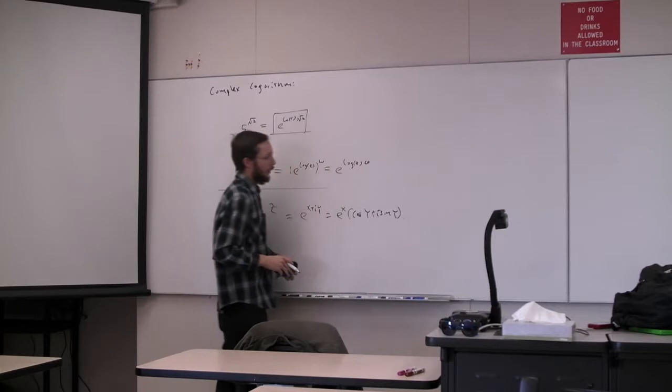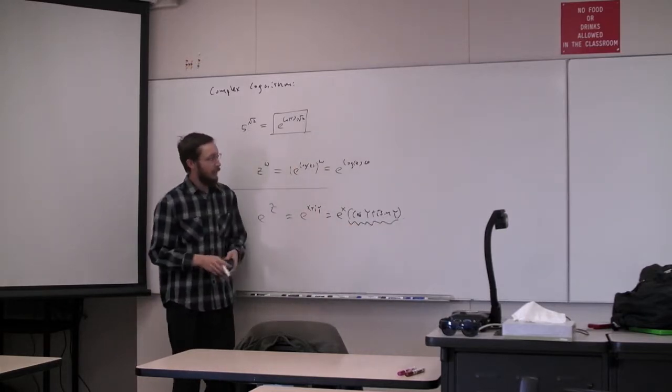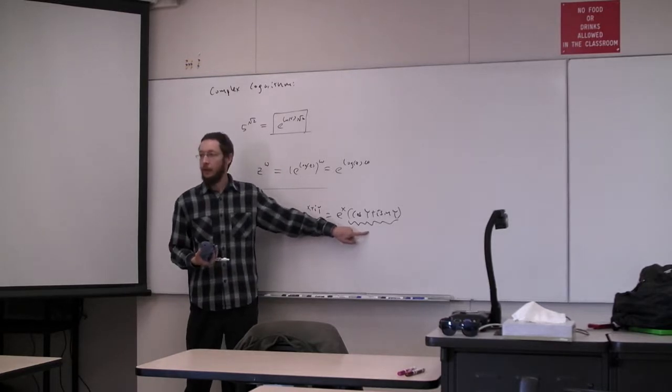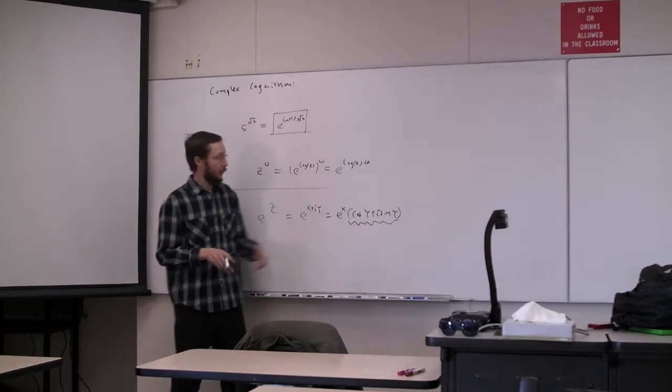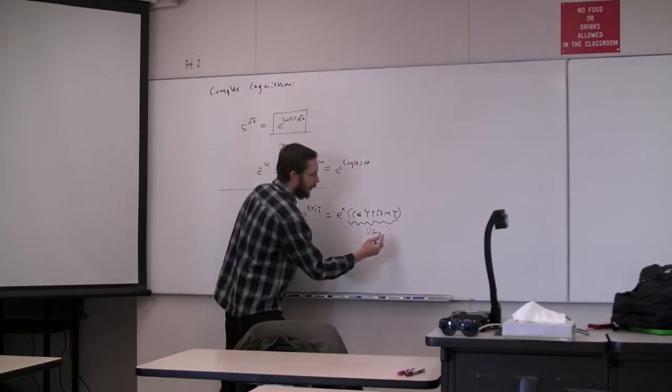Okay. So this is what we had worked through last time, is that we determined that if you have e to the iy, you can write it as cosine y plus i sine y. Okay? And so this represents a direction in the complex numbers.